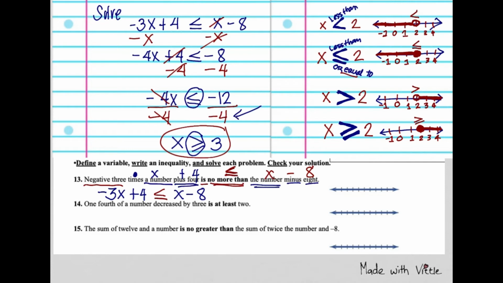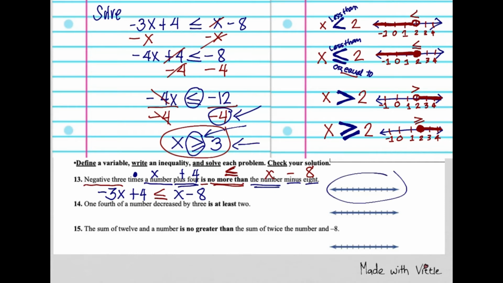Because we divided by a negative number. Remember, that's the rule. If you're dividing by a negative number or multiplying by a negative number, you will have to reverse, or get the opposite of, that inequality symbol.